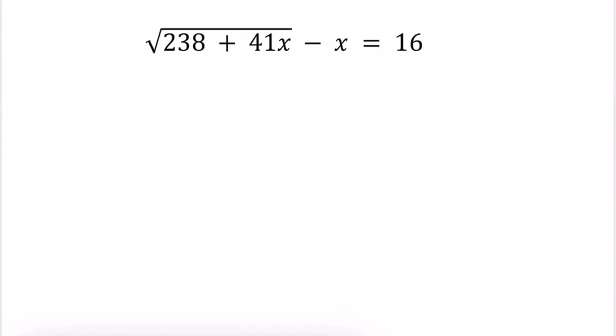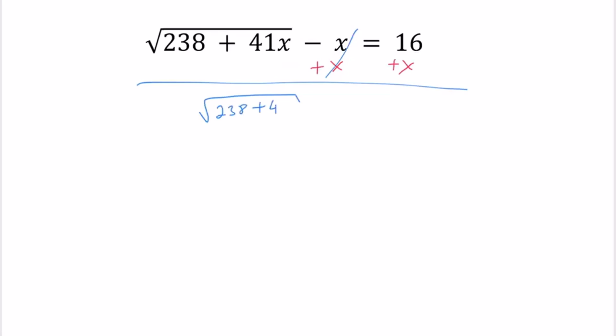The square root of 238 plus 41x, minus x, is equal to 16. So here we need to isolate the group with the square root. So add the x over, and we have the square root of 238 plus 41x is equal to x plus 16.